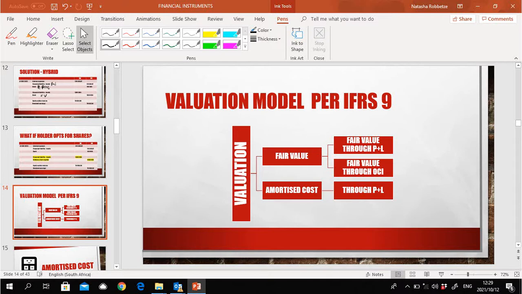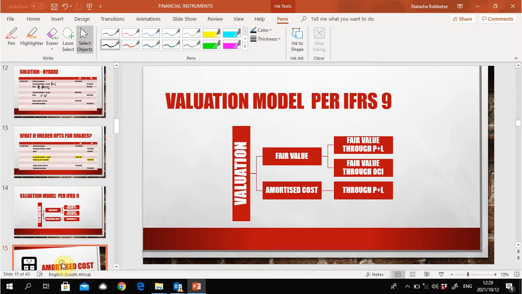Amortized cost is where you take your financial calculator and you type all the information into it and you get an amortization table and it helps you do your calculations. So amortized cost is always through profit or loss because there's an interest expense which goes through profit or loss, or an interest income which goes through profit or loss as well. So that valuation will be in the income statement.